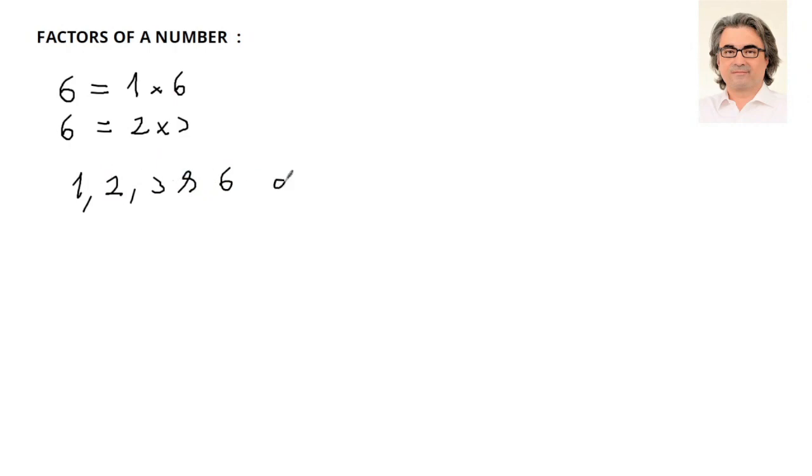These numbers are the factors of 6, as you see. Now I used multiplication to find the factors of 6. It was very easy because 6 is a very small number and it is easy to find all its factors.